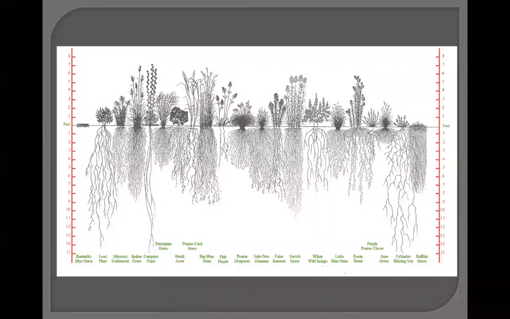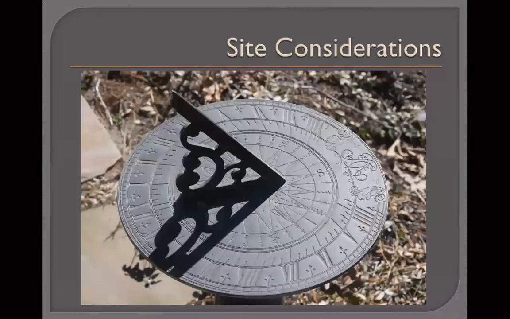So when I think about starting a native plant garden, certainly I consider natives first, but the starting point for me always is evaluating the site. What kind of soil do I have? What kind of sun conditions do I have? Does it stay dry in the summer and wet in the spring and fall?